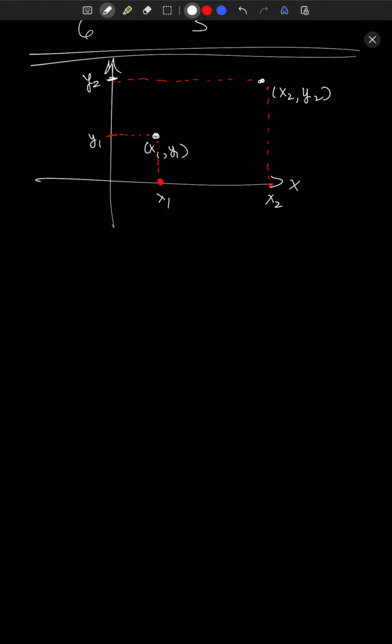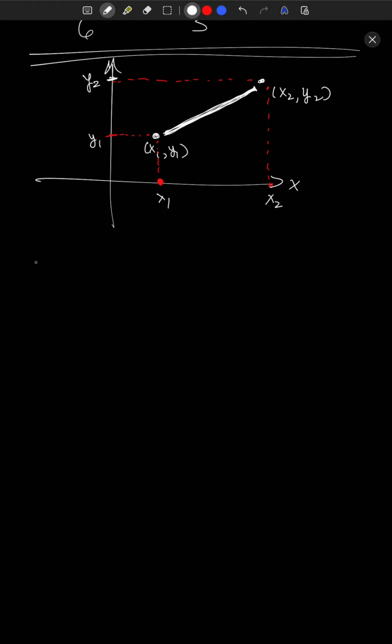Something that we'll need to understand a lot is, what's the distance between these 2 points? What's the length of this segment right here? If I took out a ruler, what exactly is its length?